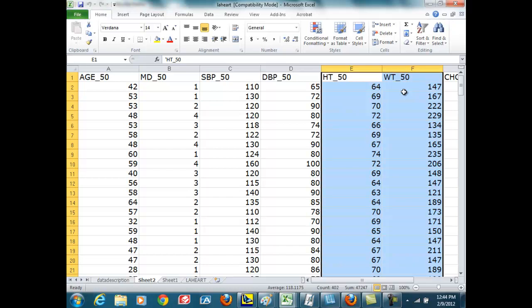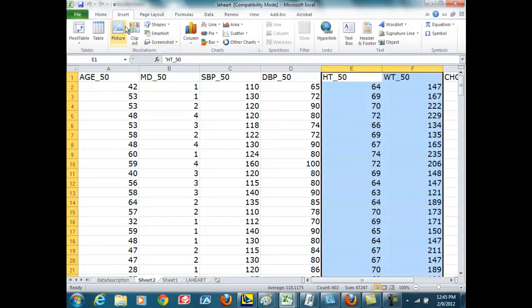Now here the variables are categorical or numerical, or one is categorical, other numerical? They're both numerical, right? And we are going to treat height as explanatory and weight as response. And what we are going to do is we are going to plot them, right?